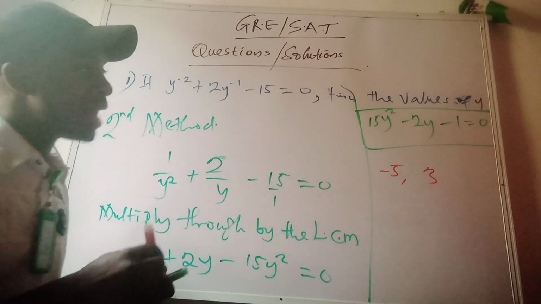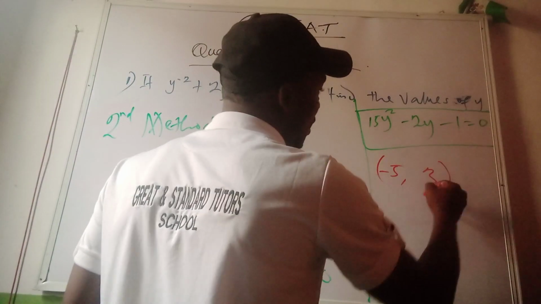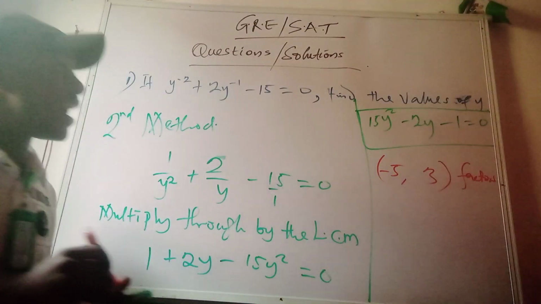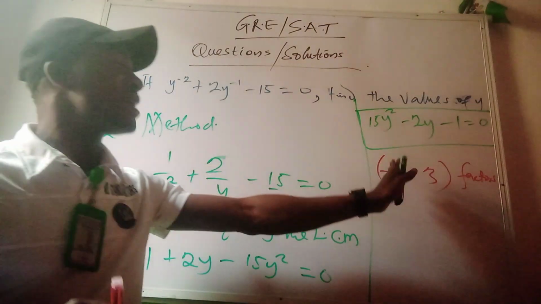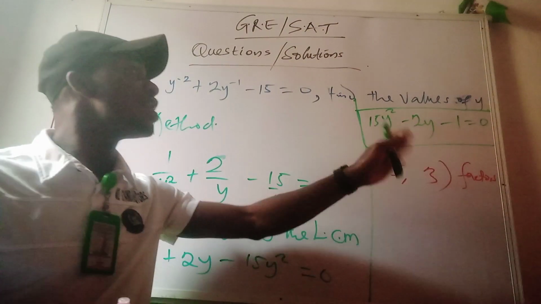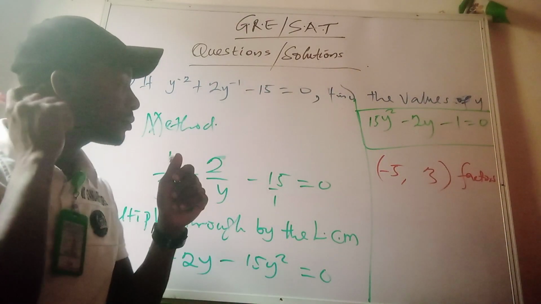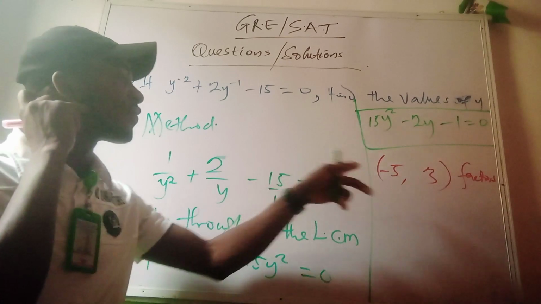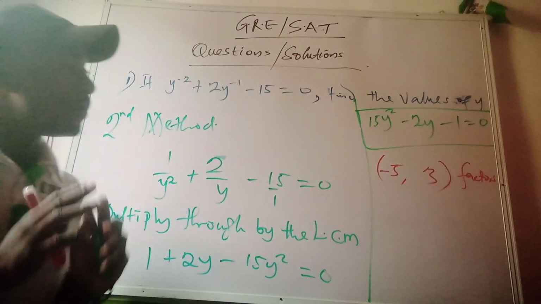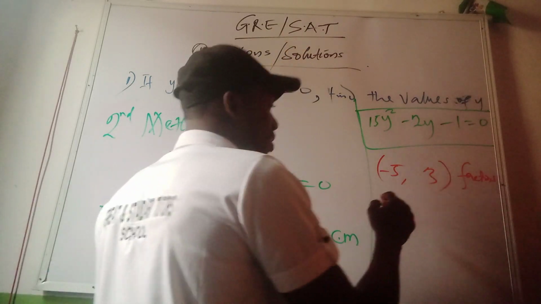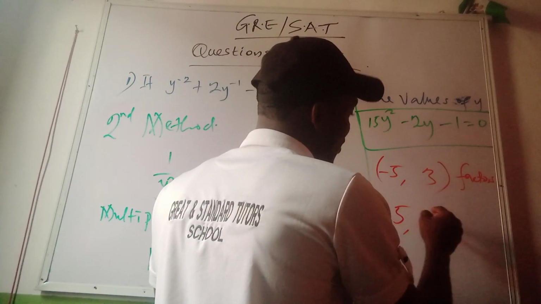So my factors are minus 5 and 3. Because minus 5 times 3 is going to give me minus 15, and minus 5 plus 3 is going to give me minus 2. My first answer is going to be 5, and my second answer is going to be minus 3.